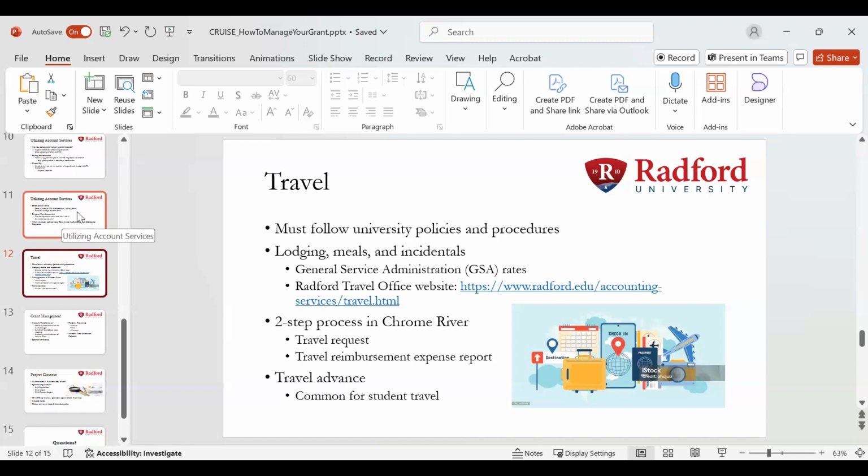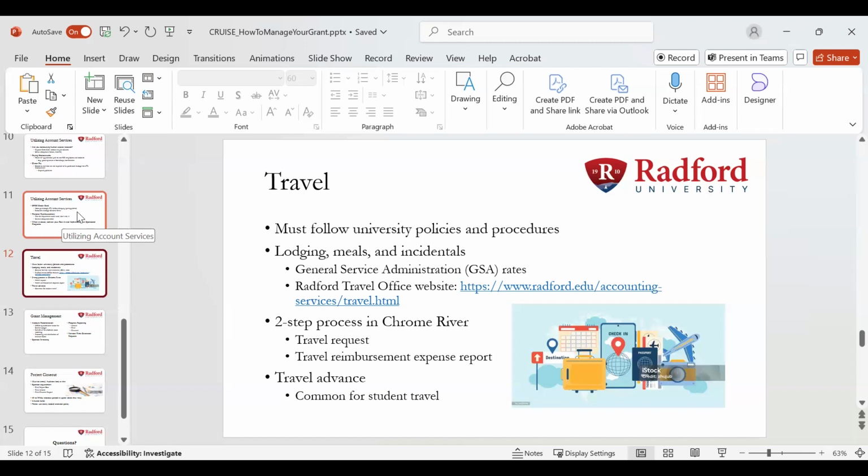In terms of the grants, you have to have university defined policies and procedures, which we do, in terms of how it establishes its rates, or they ask you to use the GSA, or the General Services Administration. Thankfully, Radford uses that. And I've created a link on the travel office website where you can get access to that. So again, this is just for your benefit and planning purposes.